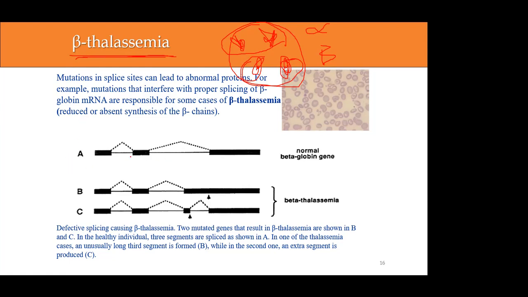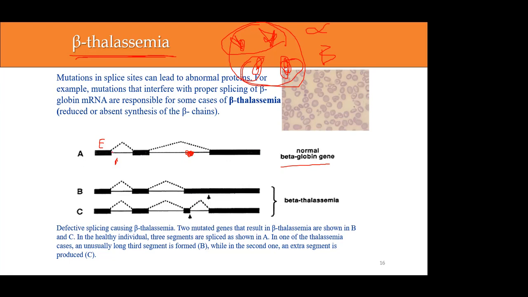So basically, this is the normal gene of the beta globulin. You have these exons here, and these are introns. Exon, intron, exon, intron, and exon. There is a stopping codon at this side.